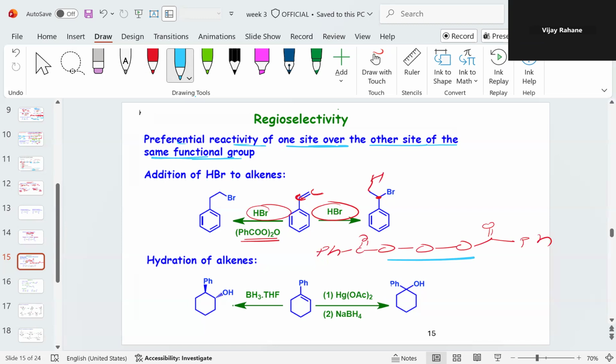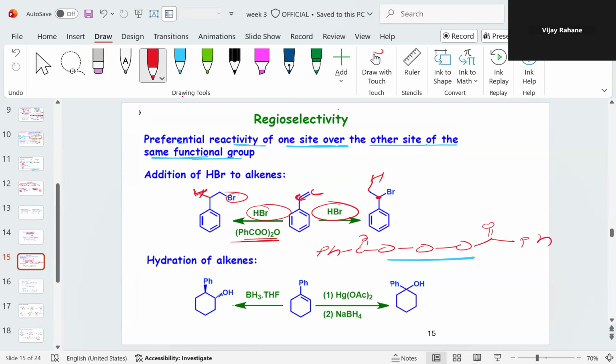If you do this reaction in presence of the peroxide, the Br negative will now attack the terminal carbon and the proton attaches to the in-between carbon. So this is the difference in reactivity in presence and in absence of peroxide for HBr on the olefin. This is about the regioselective addition of HBr on the olefin.